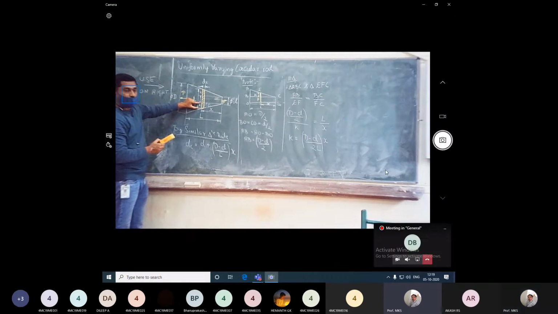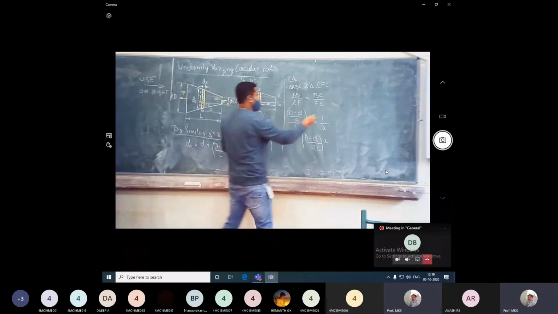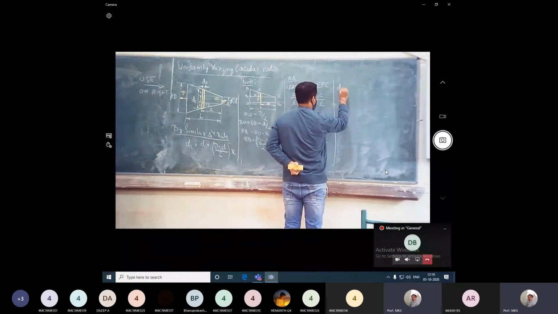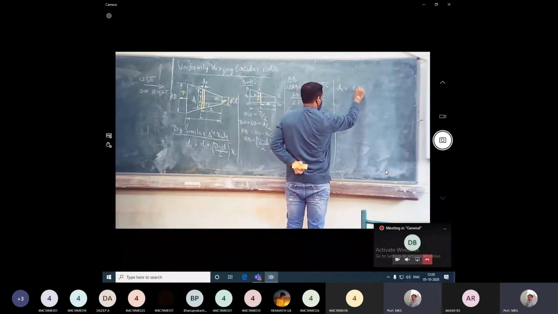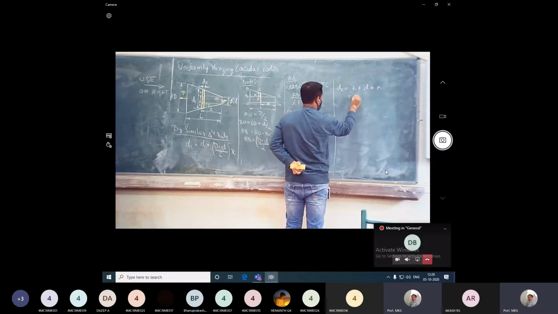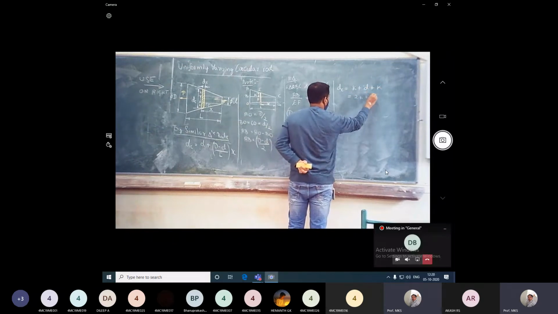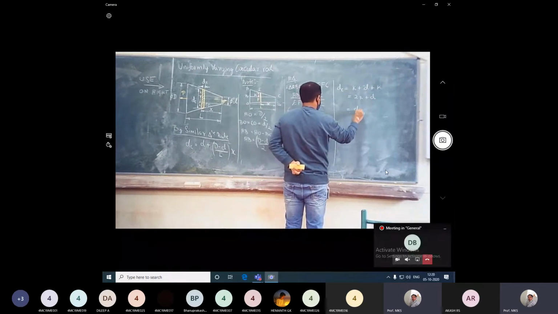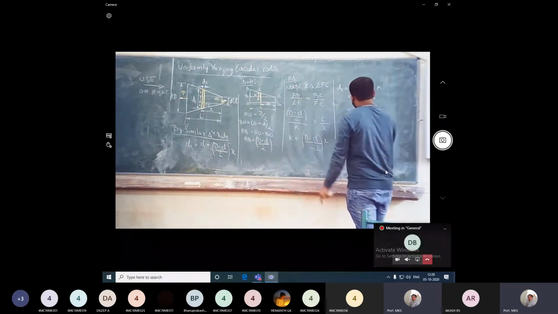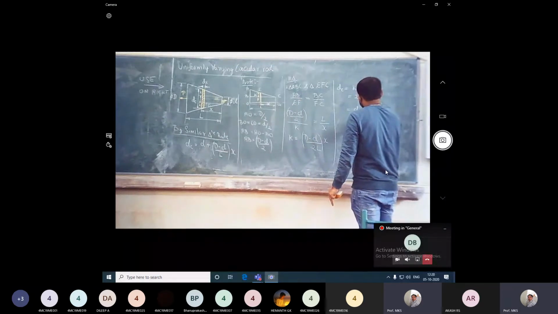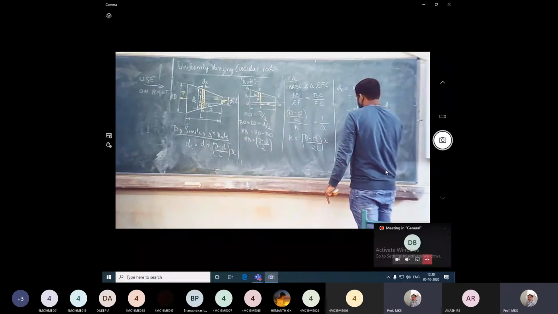So the total elemental diameter dE will be equal to K plus d plus K, so that will be equal to 2K plus d. So if you add this 2 times K, the 2 gets cancelled with (D minus d) by 2L into x.